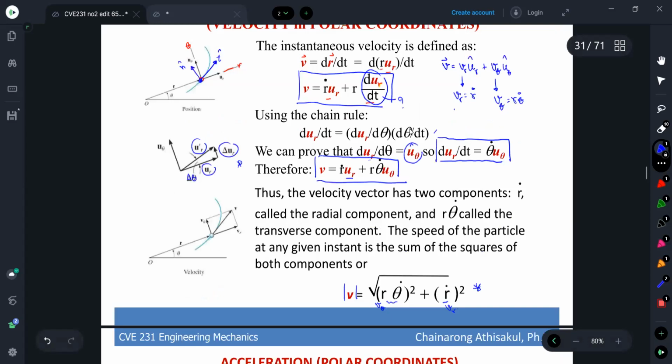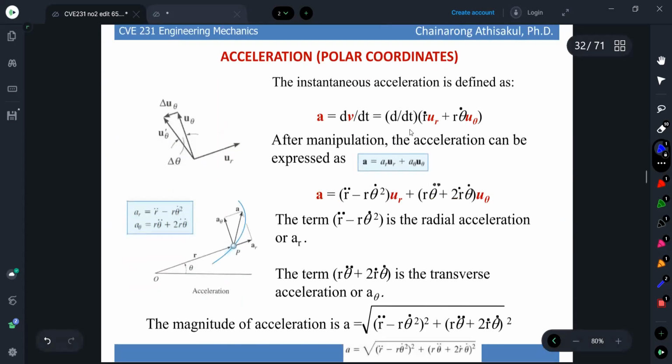If we consider the acceleration in the polar coordinate system, the instantaneous acceleration is defined by dv by dt. We have the velocity vector, and the acceleration vector is defined by d by dt of the velocity vector that we already derived.